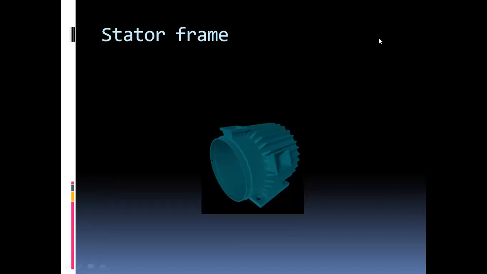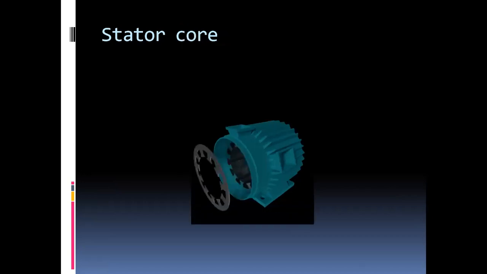The stator frame provides support to the stator core. The frame provides protection to the core and the windings, which are in the inner parts of the three-phase induction motor.